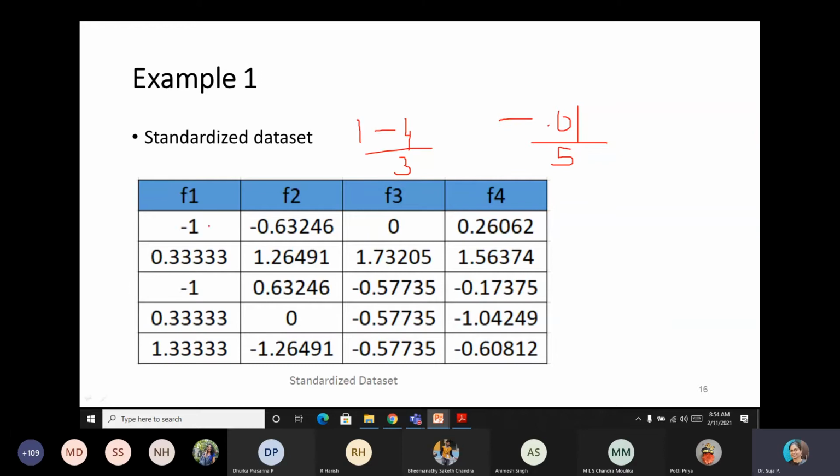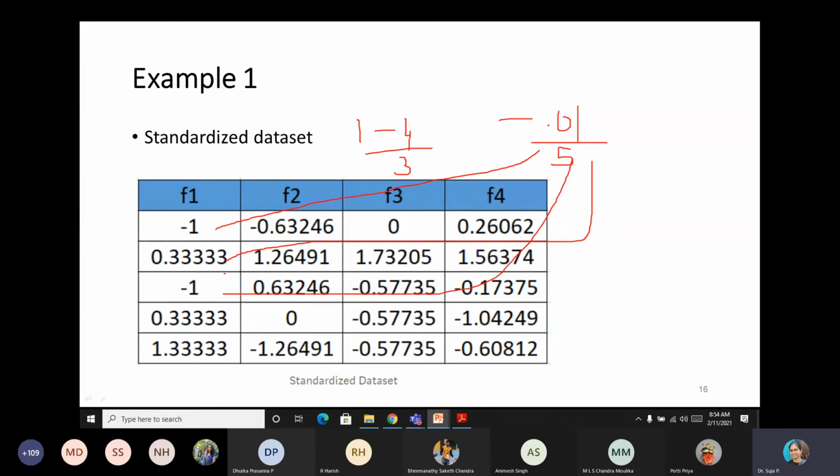Now you take minus 1 minus this mean, and square it, and similarly for every other value, this value minus the mean, whole square.